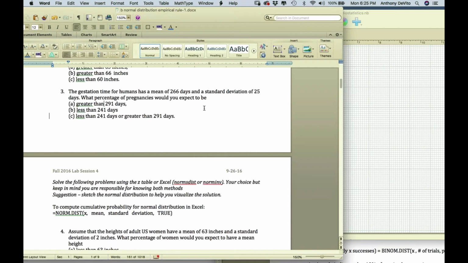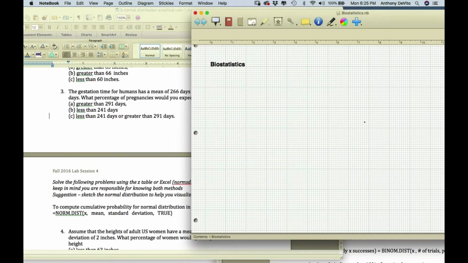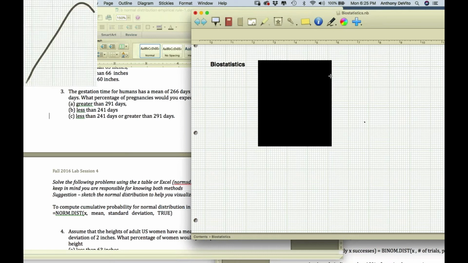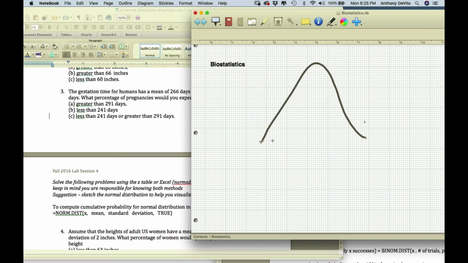So what was this? 266 with a standard deviation of 25. I'm going to sketch my own normal distribution. Here is my normal distribution. Not beautifully drawn, but it'll do for our purposes.